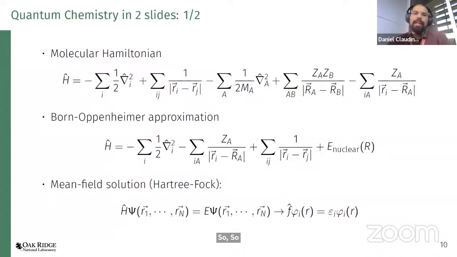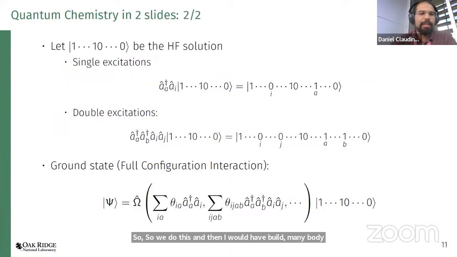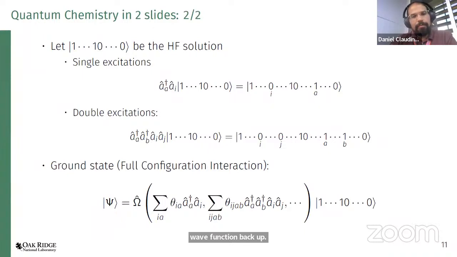We do this, and then now we have to build the many-body wave function back up. We assume this form for our Hartree-Fock solution, and then we try to span the Hilbert space by including these terms that we call excitations. We have single excitations, in which we bring one electron from an occupied orbital to an excited, or unoccupied, orbital, and then we do the same thing with pairs and triples and so forth.